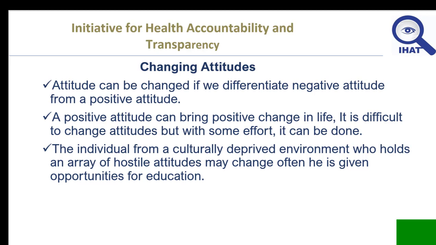The individual from a culturally deprived environment who holds an array of hostile attitudes may change often if he is given opportunities for education. So education, in whatever form, is important in the process of changing attitudes.